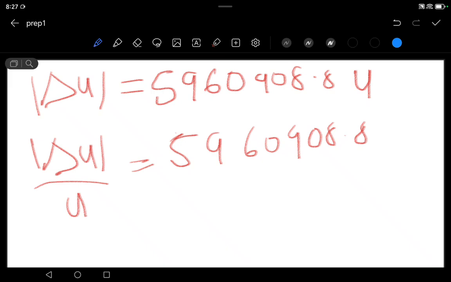The value of u is gonna be x to the power of 2, y to the power of 3, and then z to the power of 2. And then we're gonna substitute.